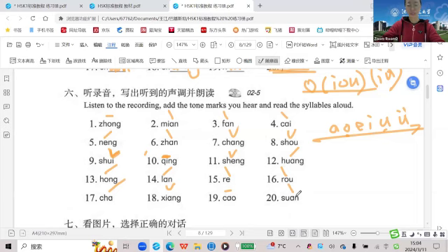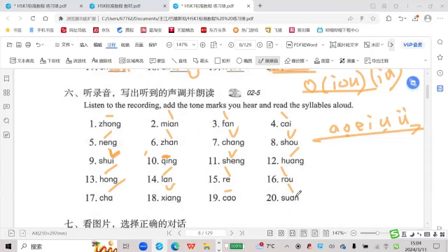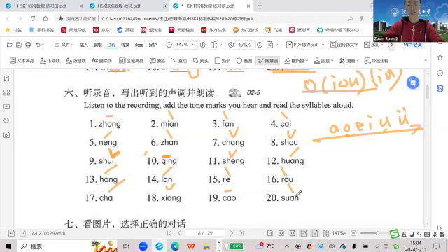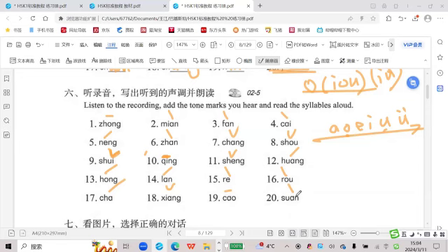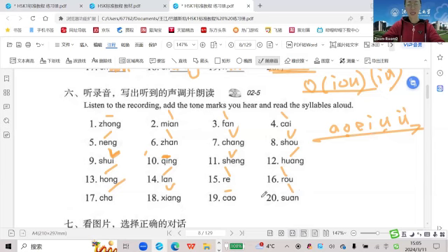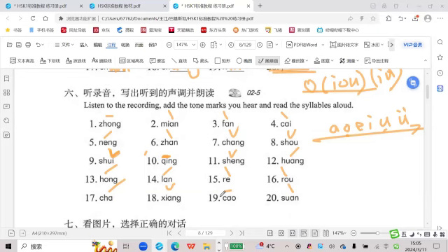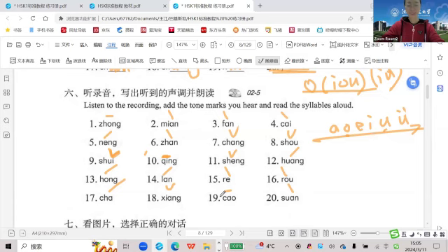Repeat please. Read after me, 不谢. Follow me please. 不谢 means no thanks. Yes, okay. 谢谢，不谢.